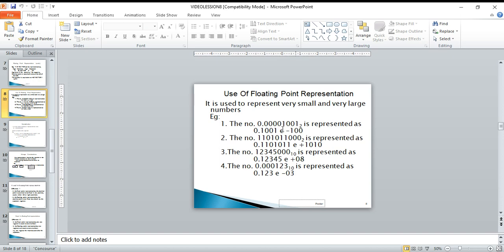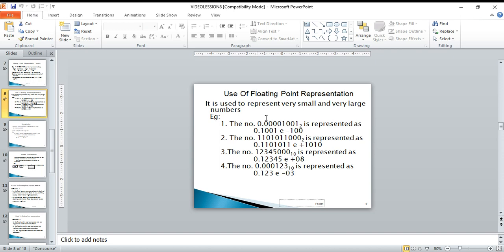According to that we have to represent this number. Here we move the binary point towards left by 4 positions, so we get 0.1001 e to the power of, since we moved the binary point 4 positions to the left, -4.